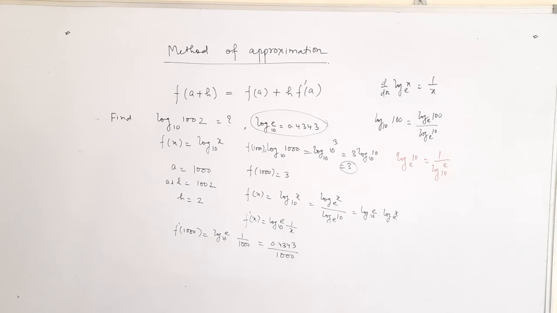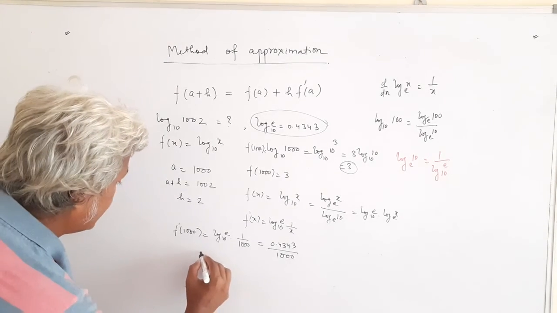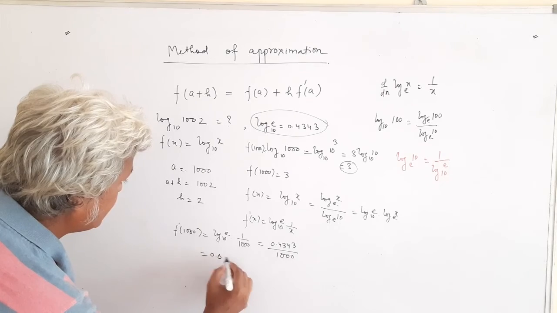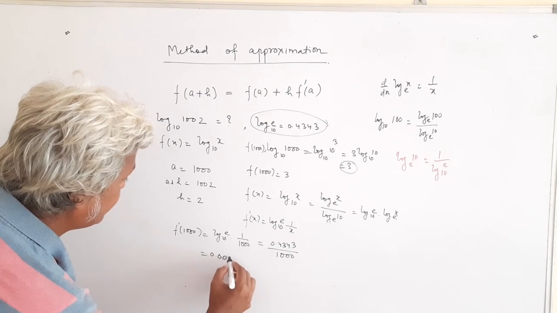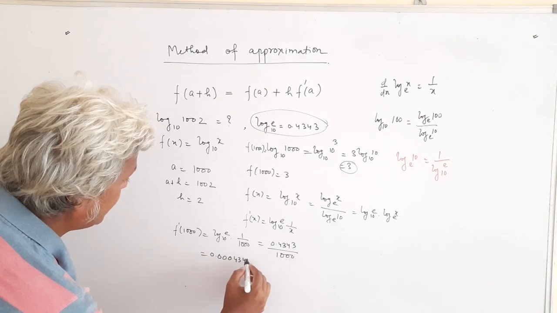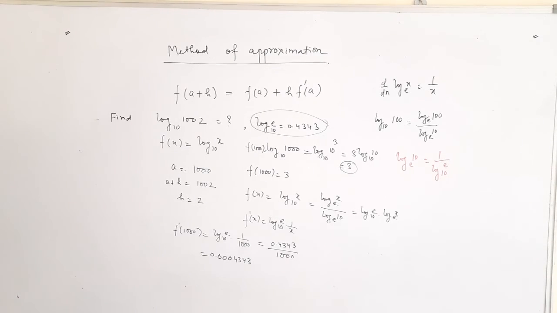So this becomes further very small, shifting the decimal three places, 0.0004343. So now we have all the ingredients ready, but my blackboard is getting too messy, so I need to find some space.